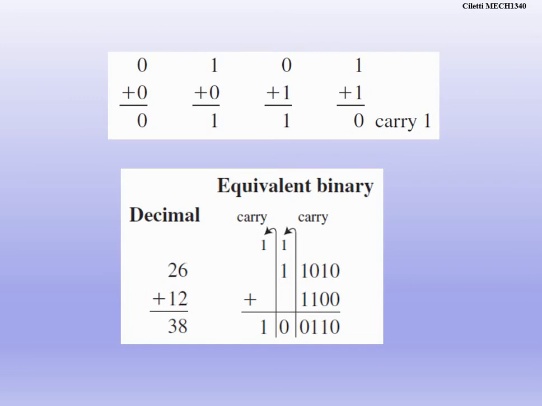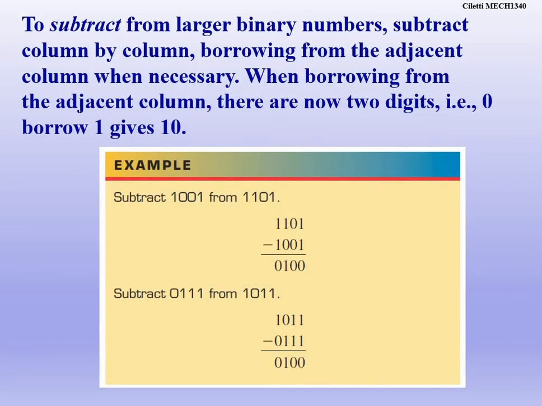So then we get another one, right? We have 1 plus 1, which is 0 with one more carry, and that carry is 1 plus 0, which brings us down to 1. So our final answer is 38, which is equivalent to 100110. Okay?